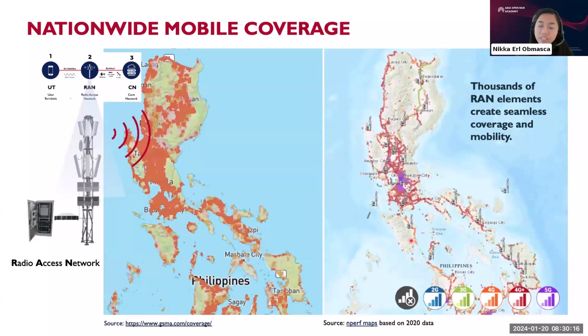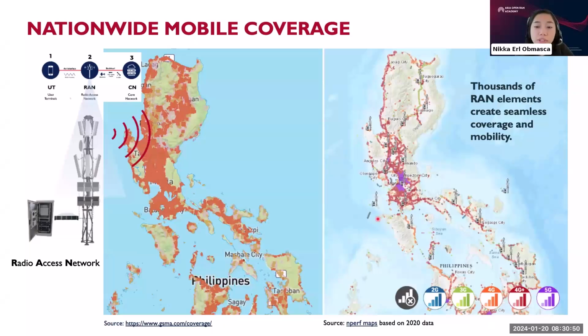For example, if I am an engineer planning for urban areas or a city, we have high population density and building density, so there will be a lot of interference. So what do network operators do? They need to deploy more cell sites with lower output power to provide coverage to smaller areas. So that's the logic behind it.